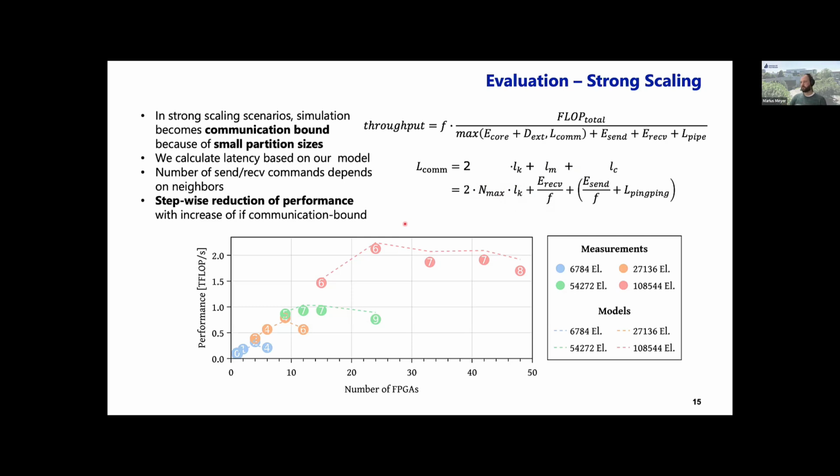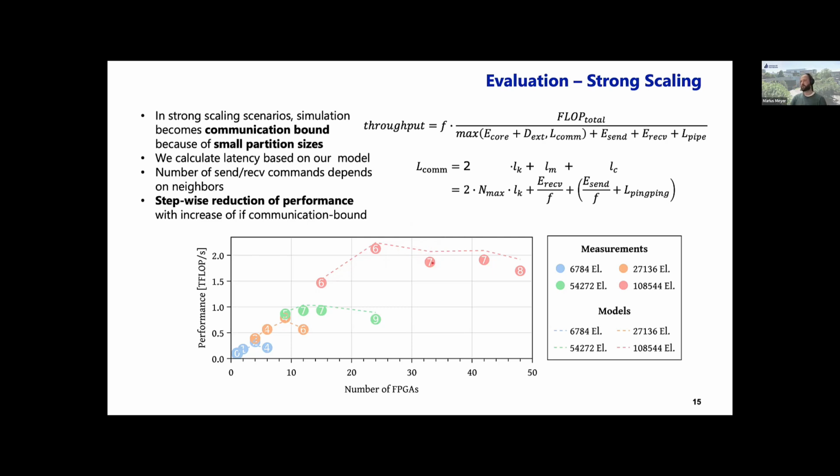But what this now means for our performance is that, for example, for the 100,000 element mesh here, if we scale to a higher number of FPGAs, we may still see a performance improvement. But in certain cases, if the number of maximum neighbors per partition increases, it may not only be that the performance is upper bounded by a certain amount, but it may actually degrade.